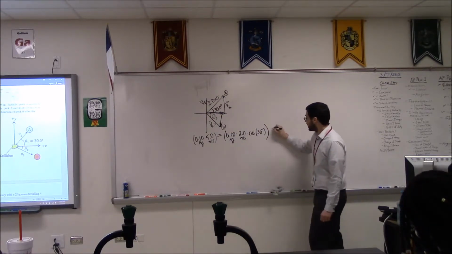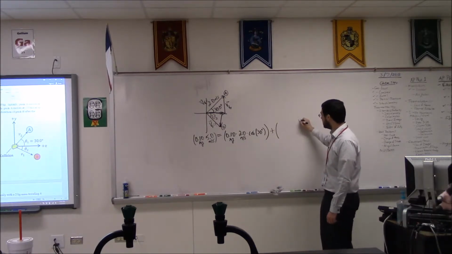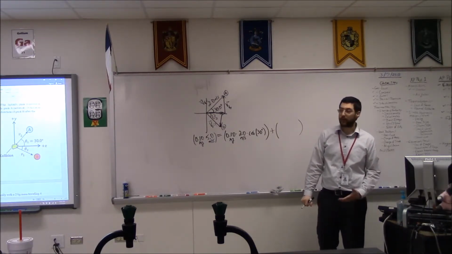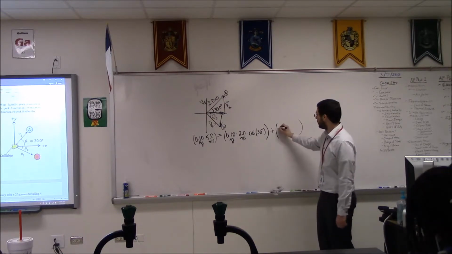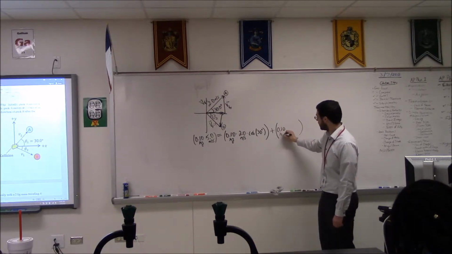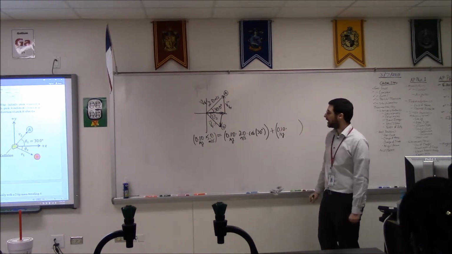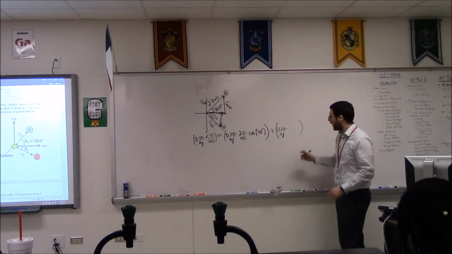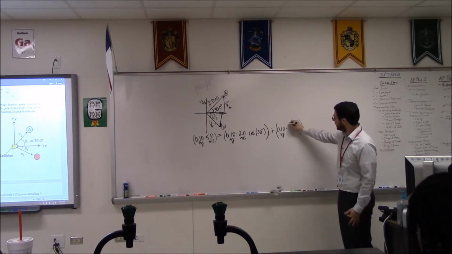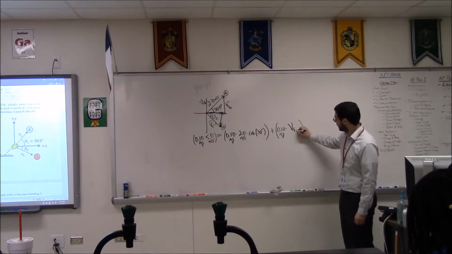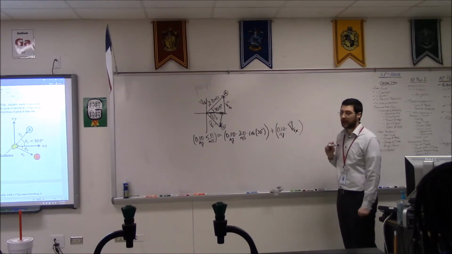So that means I need to add puck B's x-axis final momentum. They're both 0.1 kilograms times, now, I'm just going to say VFX right here, okay?